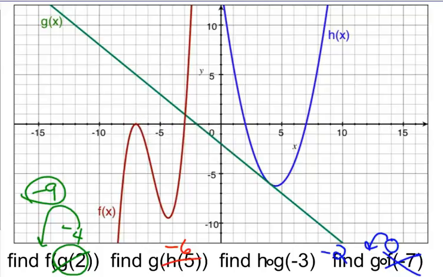The homework's really easier because the homework says this. Does anybody know what that means? Put a 2 into G and a 2 into F and add them together. A 2 into the G function would give me -4.